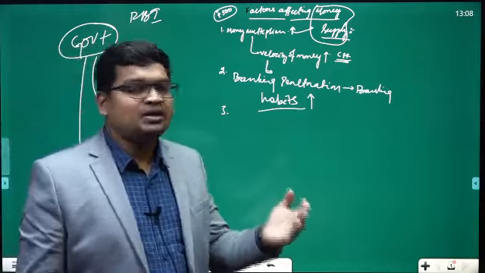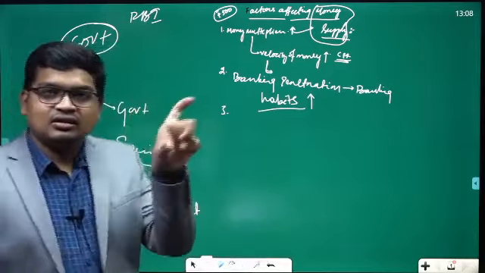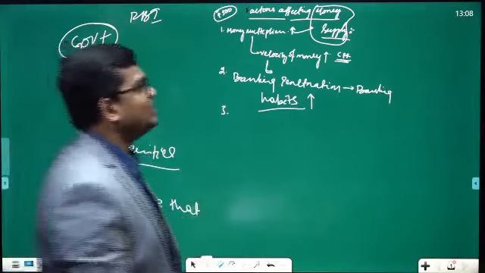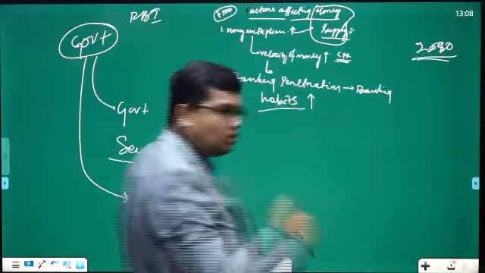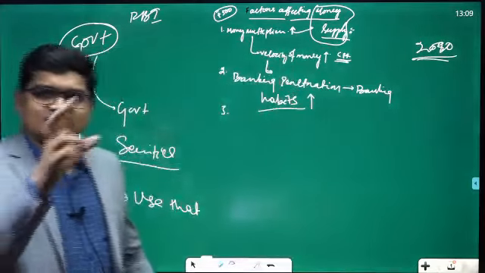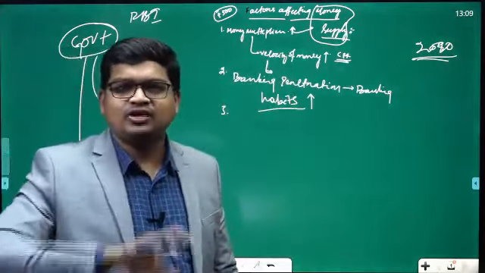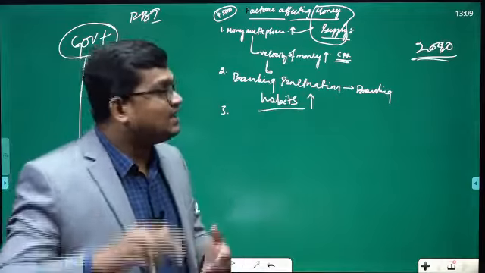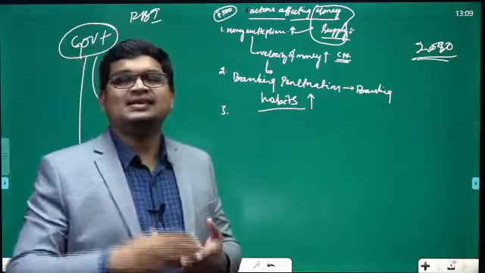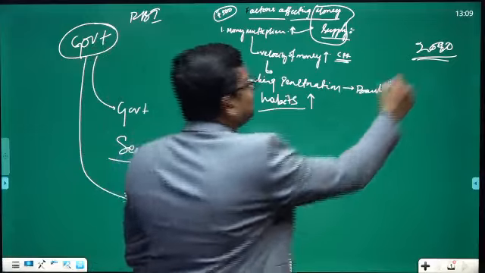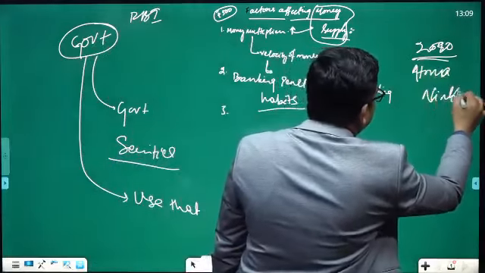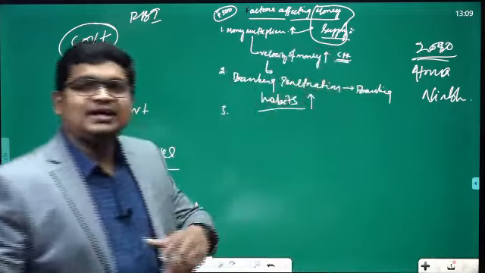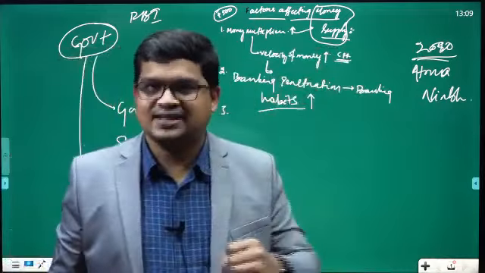For example, in October, November 2020, when the pandemic was on, or you can say the first lockdown was going on, and there was an economic disruption in the economy due to the pandemic, then the government came with what? Atmanirbhar Bharat. So the government injected money into different sectors.